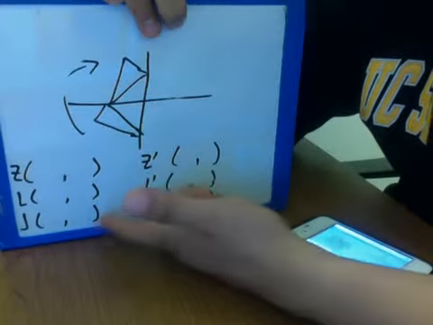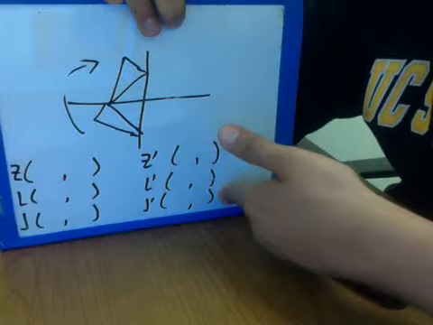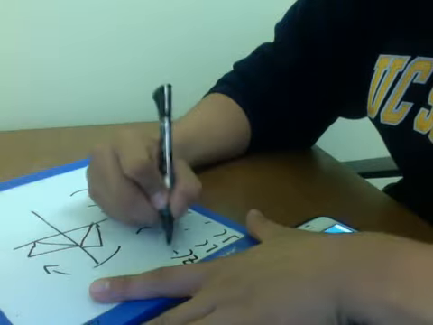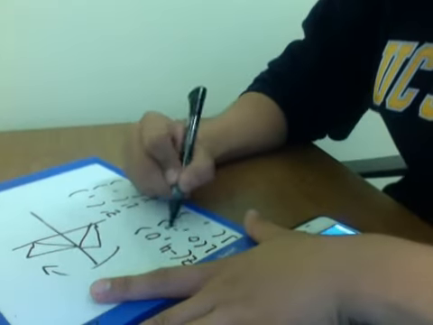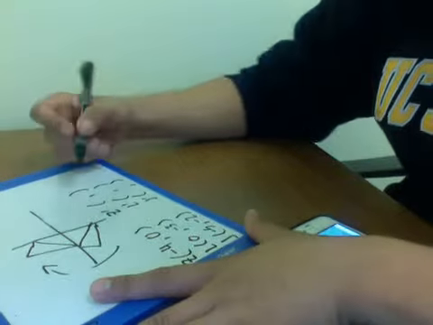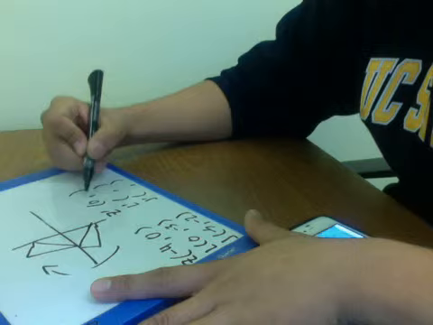Remember, this is the answer for part A. These are the answers for part C. And they want you to compare them. Well, let me write down the numbers. And when they say compare them, they just mean say something that you notice about them. Is there anything that they have in common? What is it that you notice?